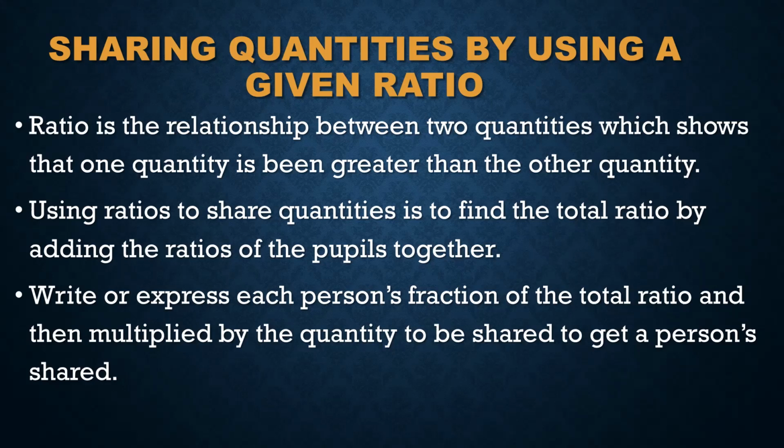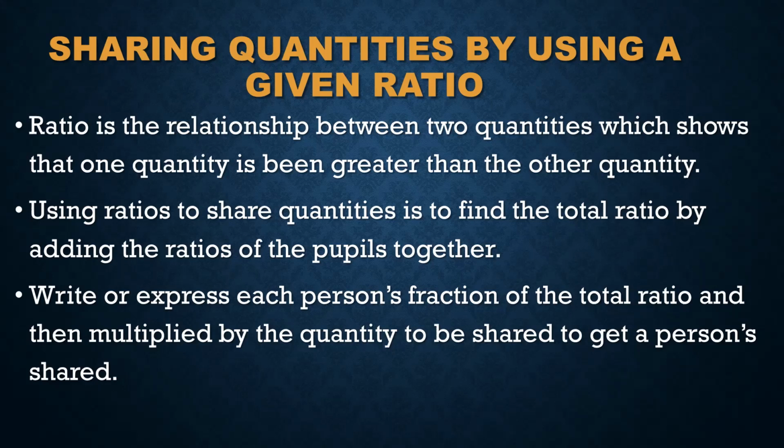So the first thing you have to do is find the total ratio. And this is how we do it. The ratio given, you have to sum them up. If it is 2 to 1, then you sum the 2 and the 1 to get 3. So the 3 will be the total ratio here. So that should be the first thing that you do.